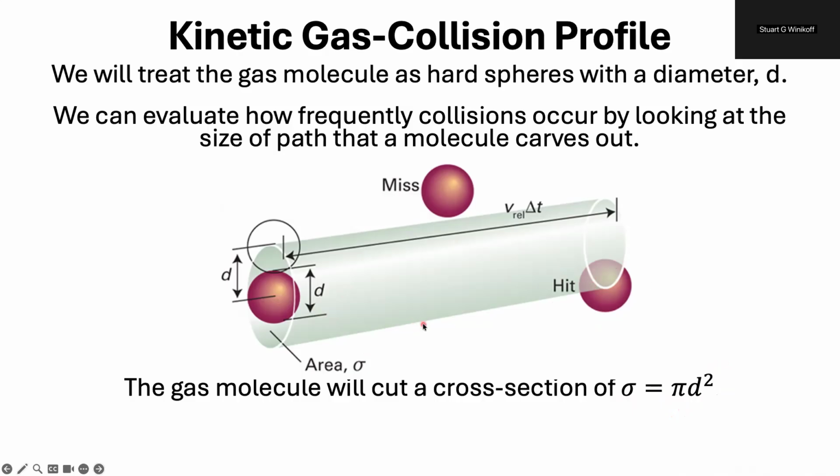Well, not too surprisingly, that's going to depend on the velocity. Because the faster you move, the more molecules you'll hit. The slower you move, the fewer molecules. So the volume is just going to be that cross-sectional area times the relative velocity times the time of interest. So the longer the time of interest, the more molecules we hit.